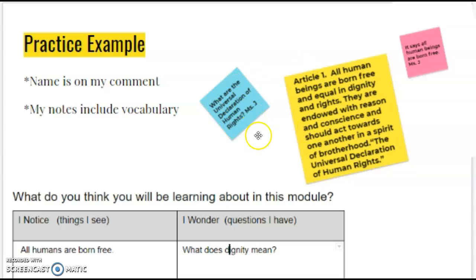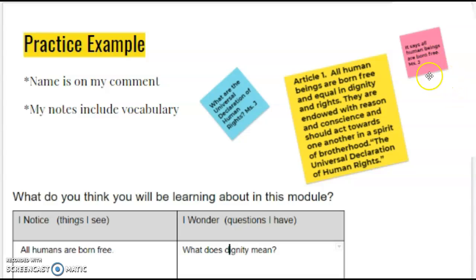So I just made a little sticky. It says, what are the Universal Declaration of Human Rights? And that was a question mark. And then after that, I made sure to indicate Miss J, because I was the one that wrote it. So please be sure that your name is on your comment. I also was struck by the first line, which says all human beings are born free.